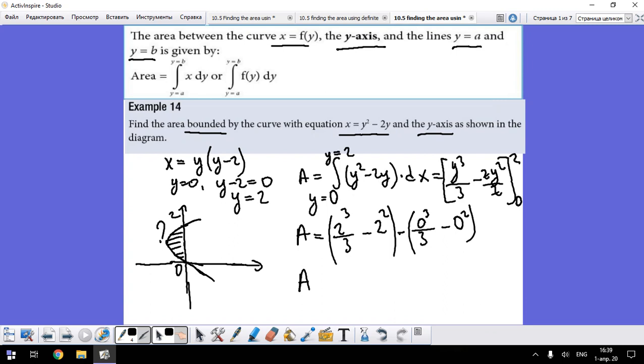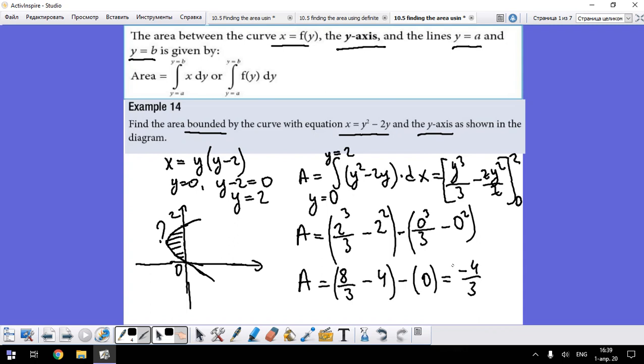So the area should be 8 divided by 3 minus 4 in the parenthesis, and the next parenthesis will be 0. Let's evaluate it. It should be minus 4 divided by 3.